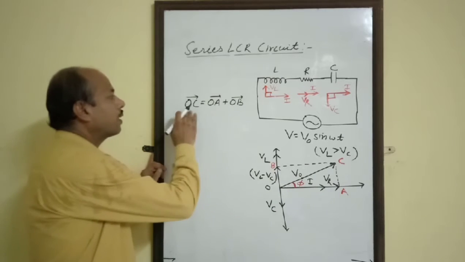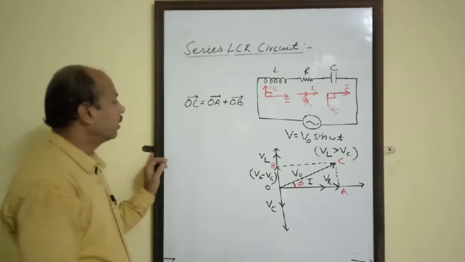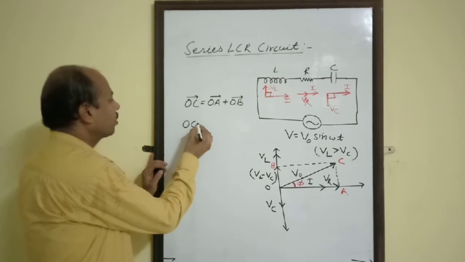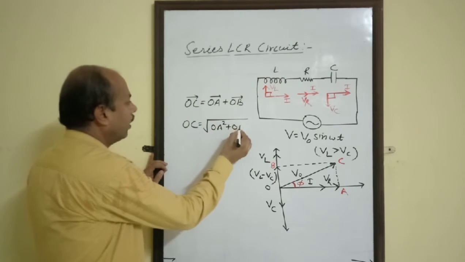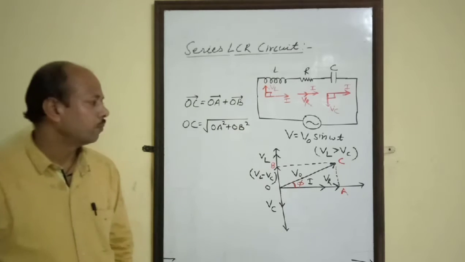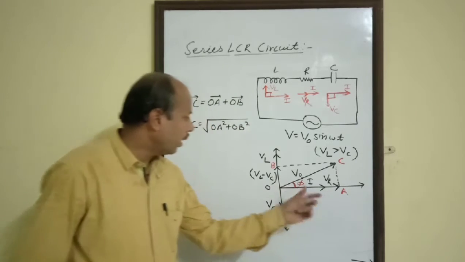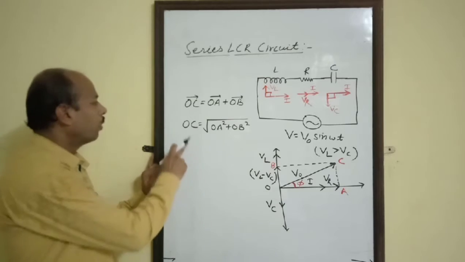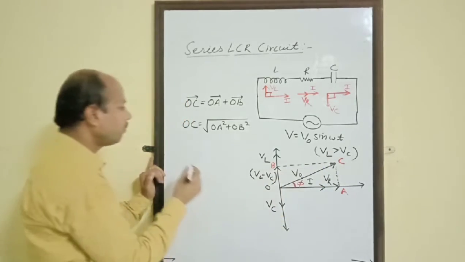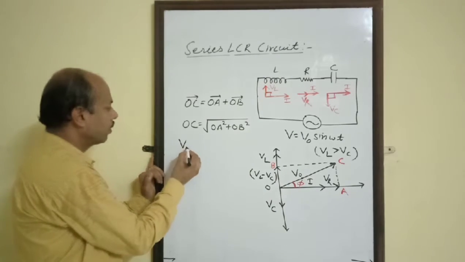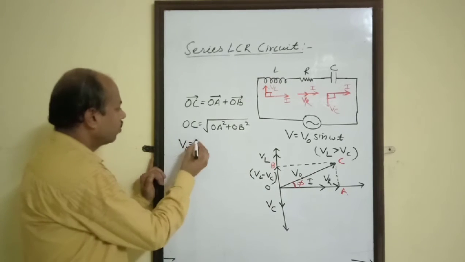But here we are interested in the magnitude only. Therefore, we can write OC equals root over OA square plus OB square. Now this OC we can write as V naught.